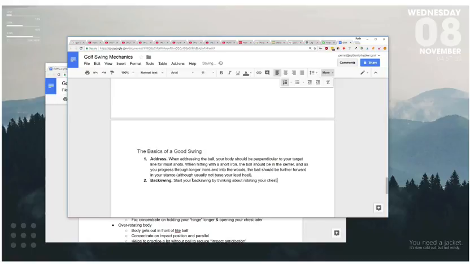Rotating your chest and allow your hands to follow while keeping the club face more or less parallel with your spine. And that's something I did not know. That's from one of the videos where they were correcting a mistake.